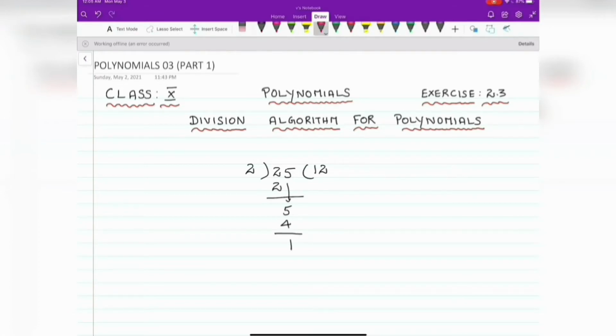Here you know that this 25 is known as dividend, 2 is divisor, 12 is quotient, and 1 is remainder.